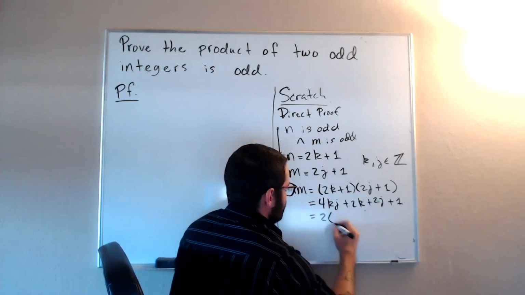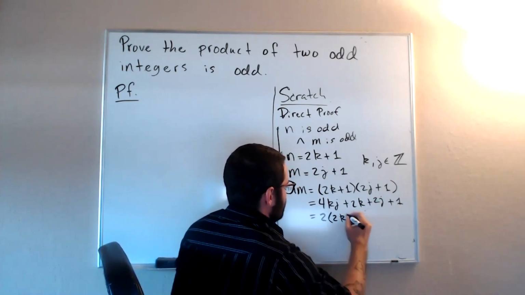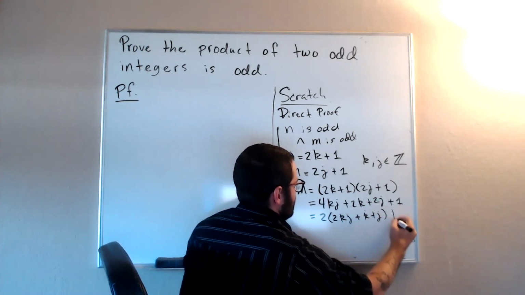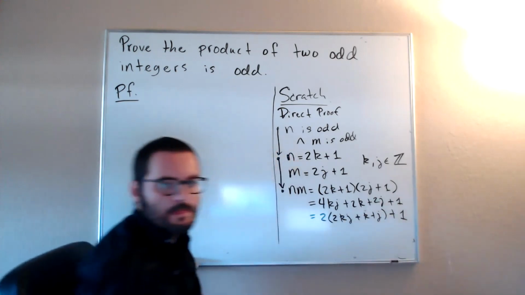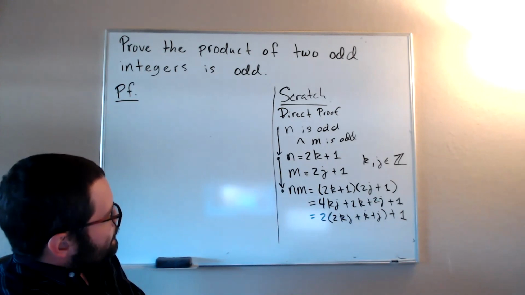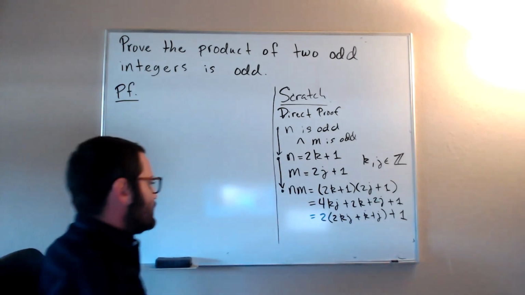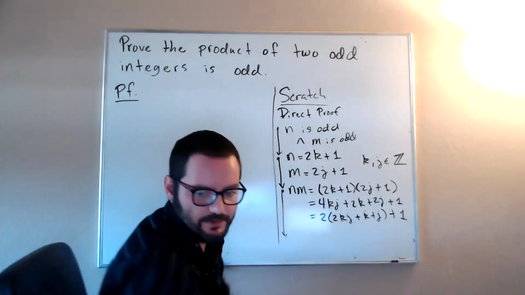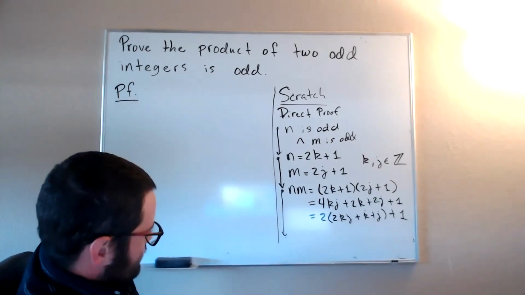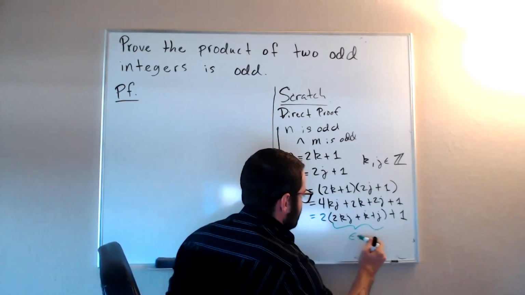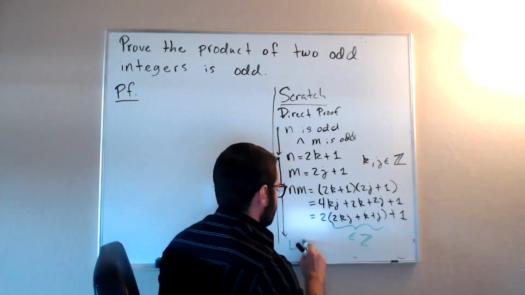So let's be 2 times 2kj plus k plus j plus 1. All right, so then we're done, because now we have that this right here is an integer, so we're done.